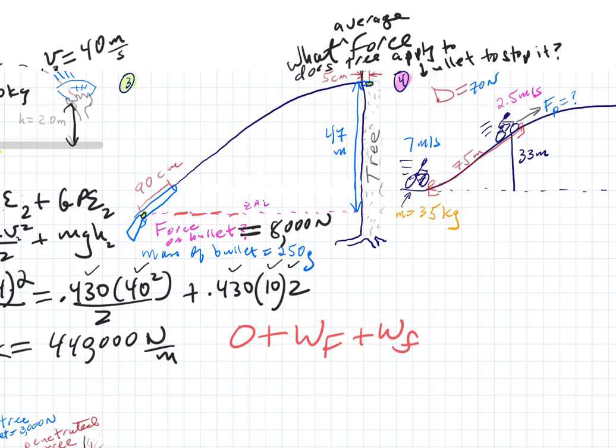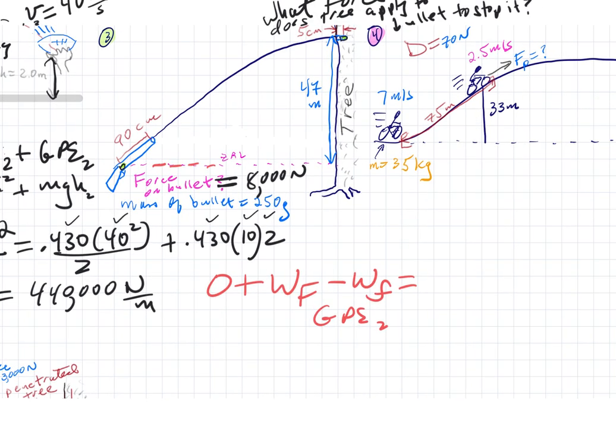Well, let's make that negative because work due to friction or drag or normal force in this case of the tree pushing it, resisting its motion through it. That's always negative work. Okay, that would equal only potential energy at the end because it has stopped. So break this up. So let's put it here.